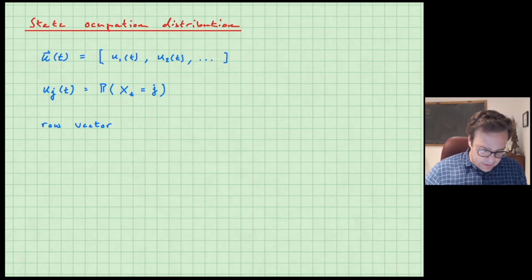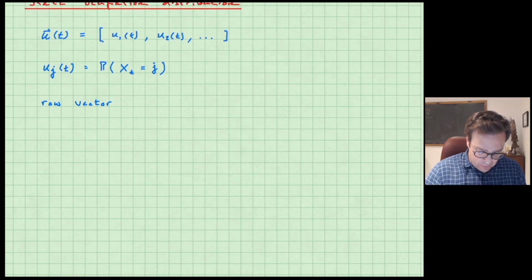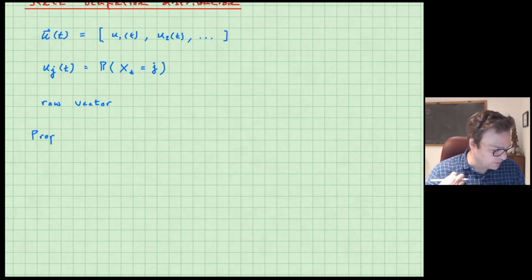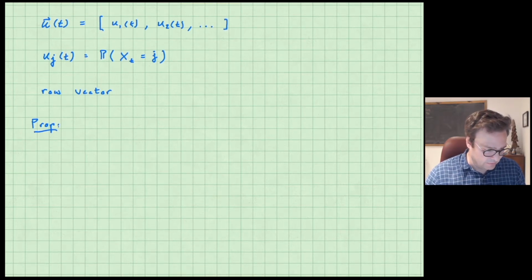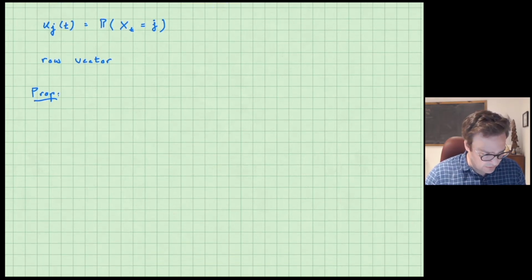Okay, now we're going to introduce a proposition about it, and we'll prove it. The proposition has a couple of different parts, but they clearly follow from each other, I think.